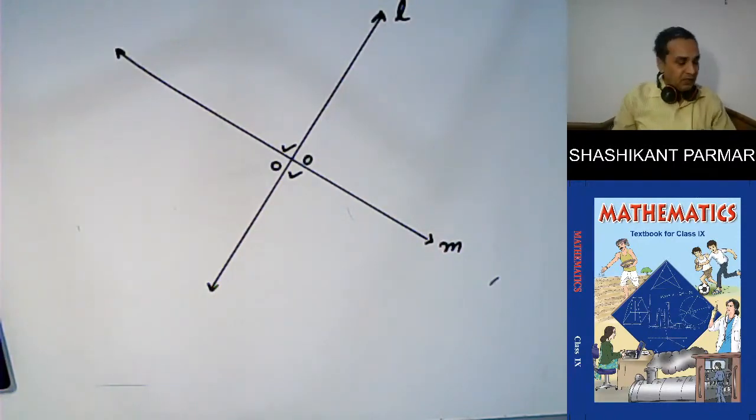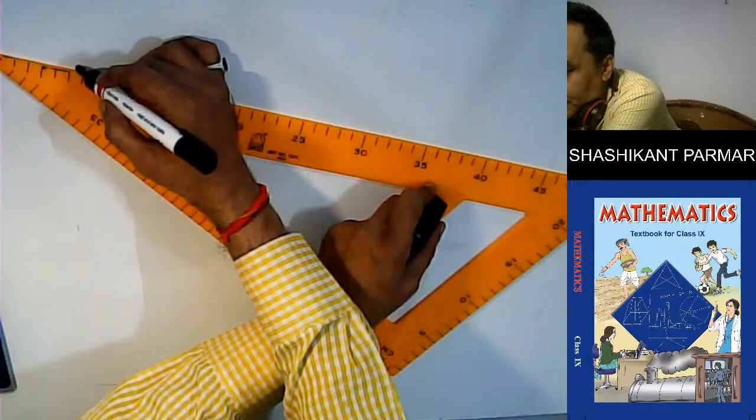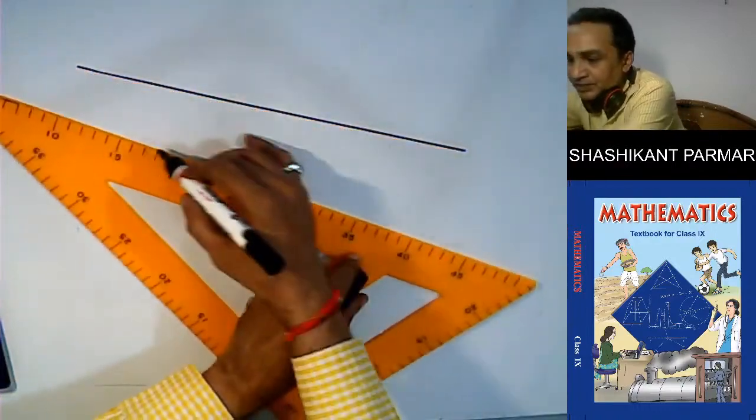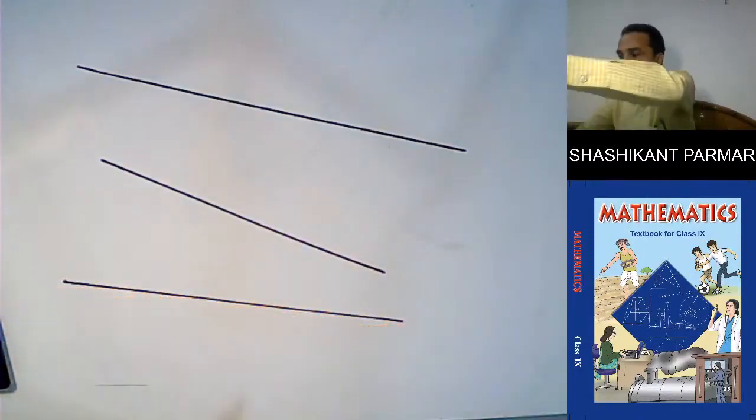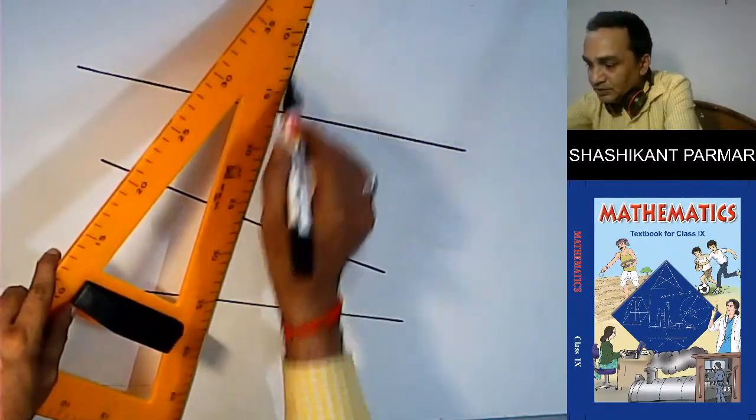Moreover, in this chapter, one line intersects more than two lines.